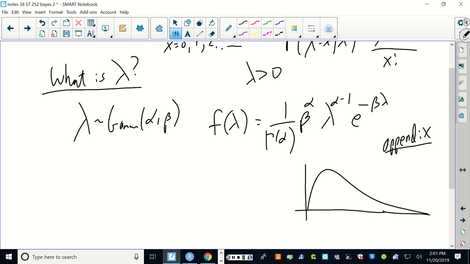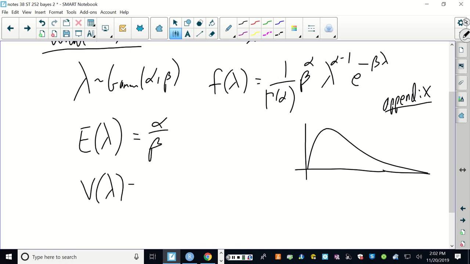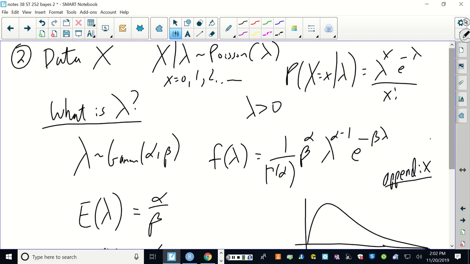The expectation of this parameter, a priori, from this prior distribution is alpha over beta, and the variance of lambda is alpha over beta squared. The expectation of x under its data model, x given lambda, is lambda, right?